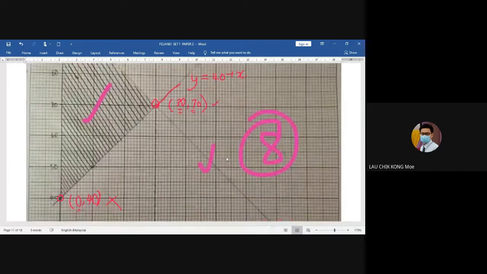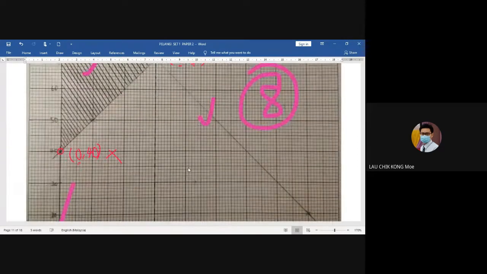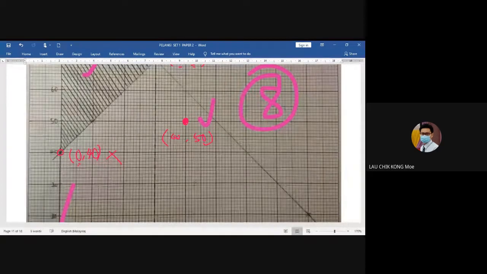So we try to find the point 40, 50. 40, 50 is here. If it were you, why? Why can't we buy 40, 50, Syafiqah? Why can't the company buy 40 wheelchairs and 50 without wheelchairs? Why? Syafiqah? Yeah, you. Why?